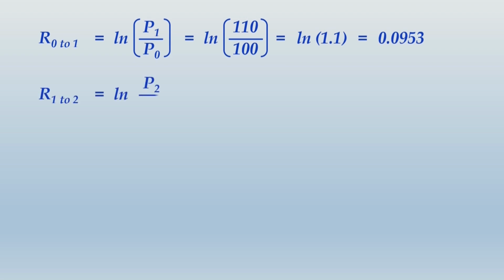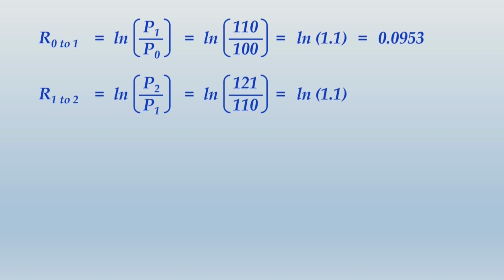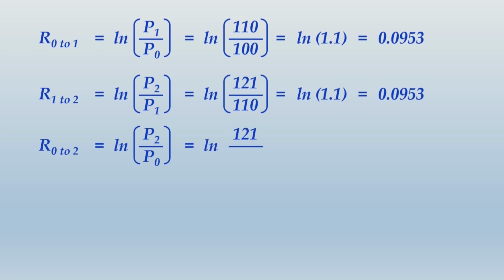Likewise, we take computation of R from year 1 to 2, changing the required values, we still get ln of 1.1, and that will be the same value, 0.0953. Now when you take the calculation of return from year 0 to 2, you will be getting ln of P2 divided by P0, that will be ln of 1.21, and when you compute that, you will be getting 0.1906.